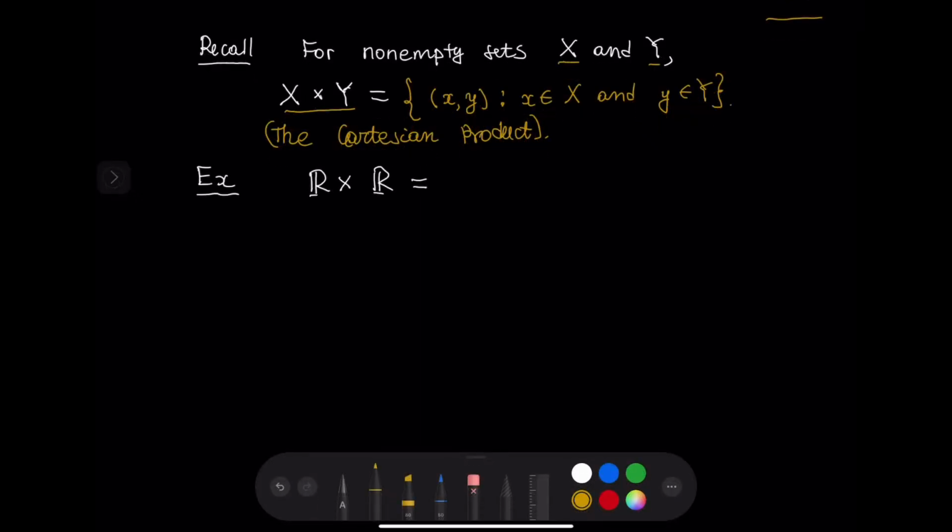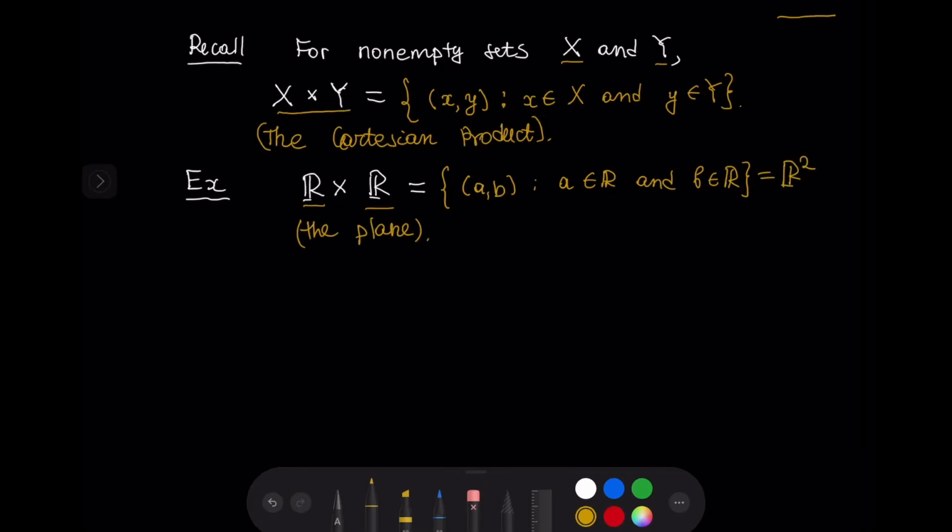So for example, the Cartesian product of the set of real numbers with itself is the set of all ordered pairs (a, b), such that a is a real number and b is a real number. And we often denote this as R squared, and we call it the plane.